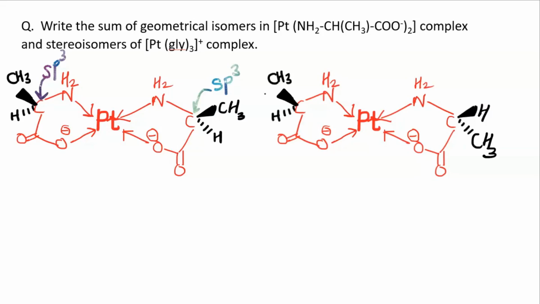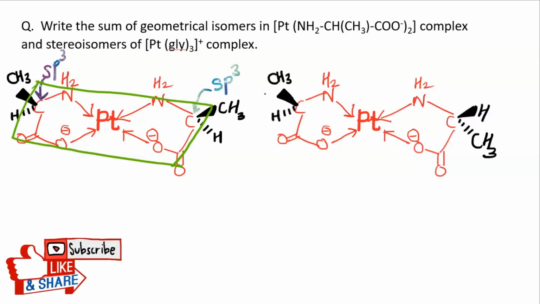Since these two CH3 groups are on the same side, if you think all these things are on the same plane, this CH3 will go up, this hydrogen will go down, this CH3 will go up, this hydrogen will go down.